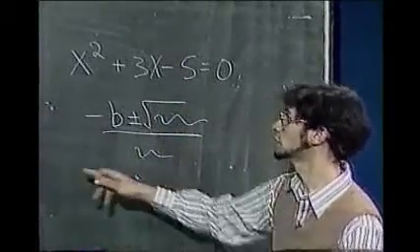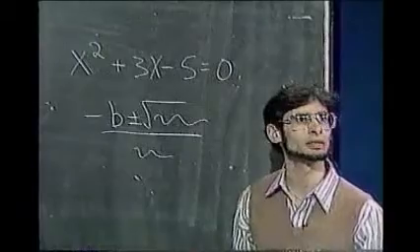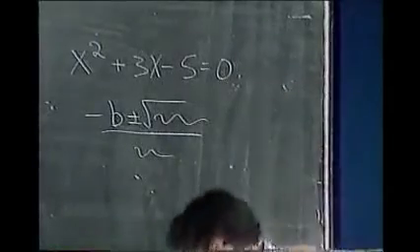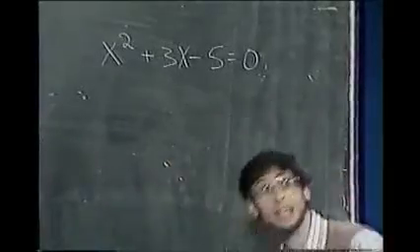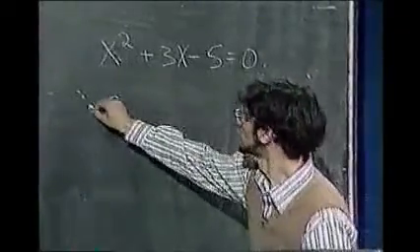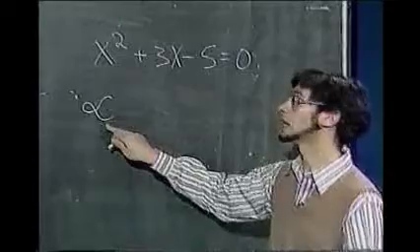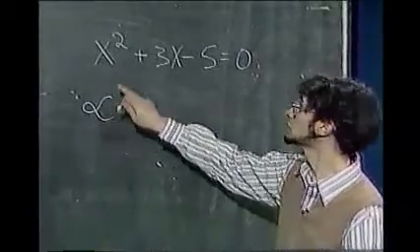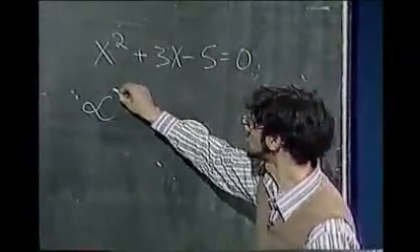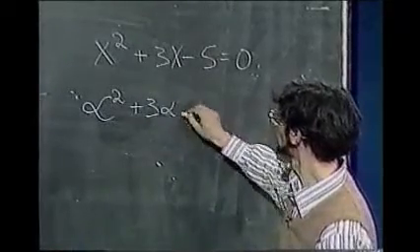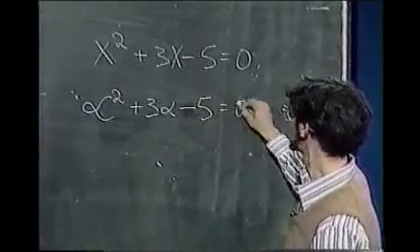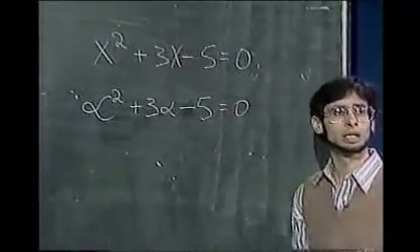And those are supposed to be the solutions of this equation. And what it means is there's a certain number, and we call the number alpha. And it's hard to find alpha, but if we find it, then we put it into this equation, and we say alpha squared plus 3 alpha, take away 5, and we calculate them out, and it comes to 0.